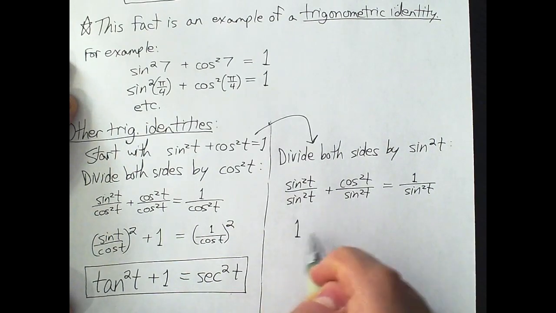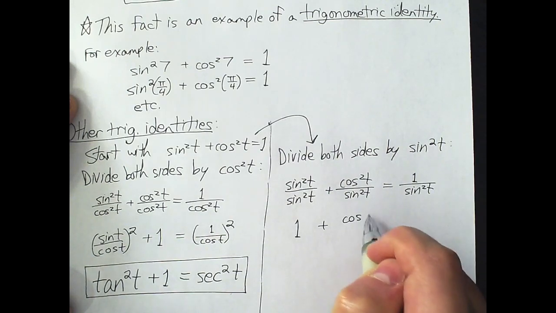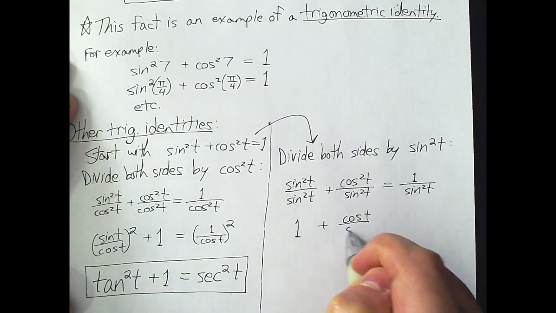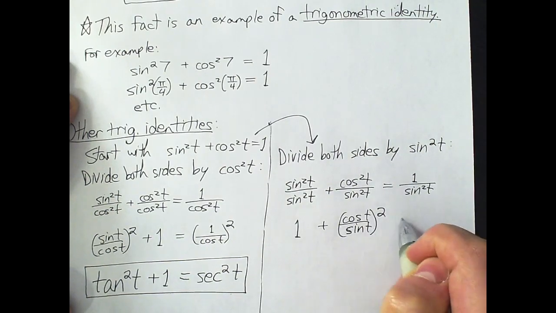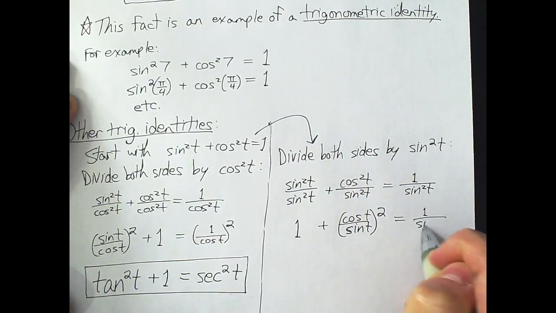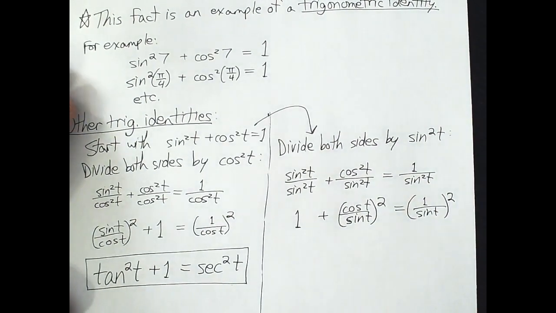This thing simplifies to 1. This simplifies to, let's see, cosine t. We'll do another simplifying step after this, but we get that. We'll do one more final simplifying step.